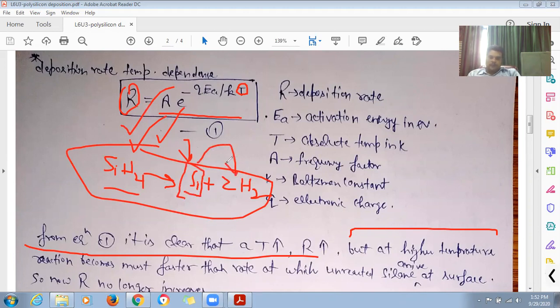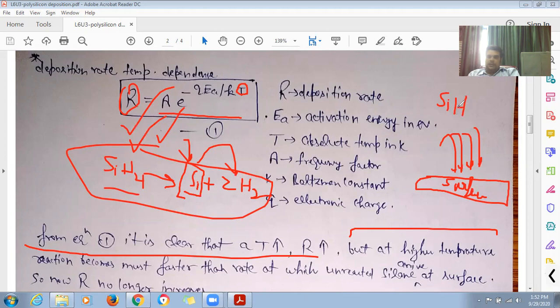So the rate at which SiH4 is arriving at the surface, let's say this is the surface onto which you want to deposit the polysilicon layer, and there is a supply of silane gas here.